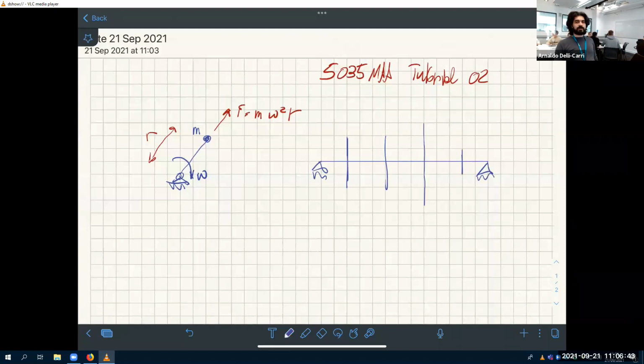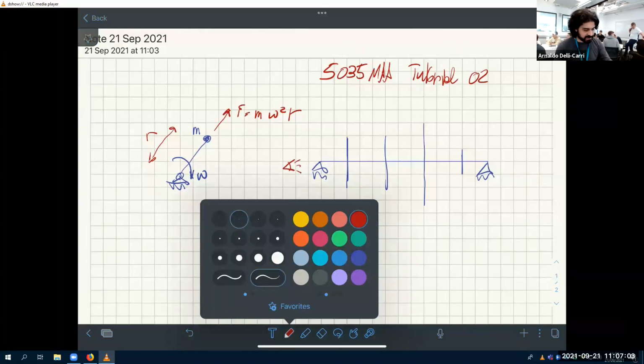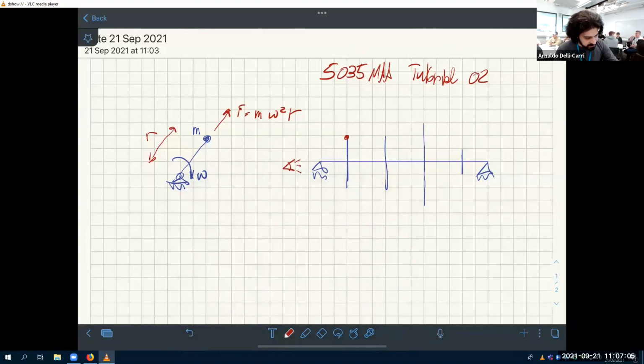Everything must be in equilibrium. If I look at it from the front, I see this. If I look at it from the side, I see this. So my unbalanced masses are here or here or here, who knows, because they are rotating.